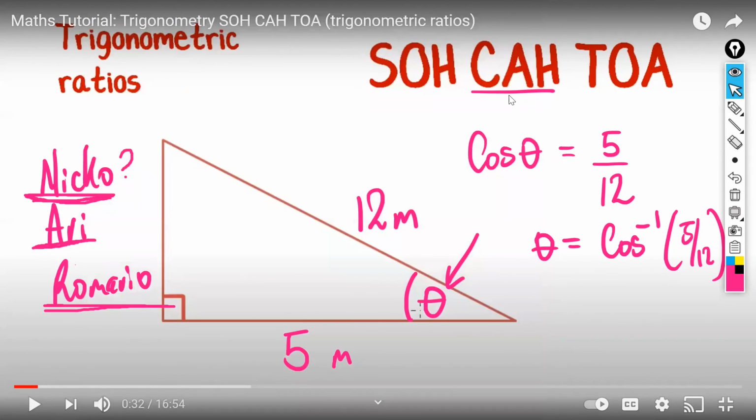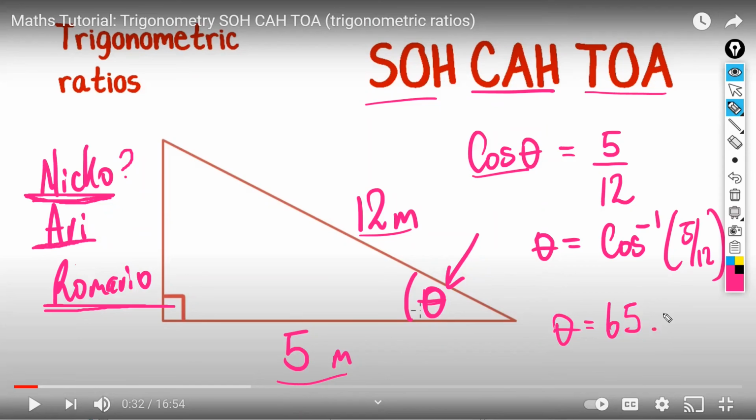You need to know how to find the inverse sometimes to find the angle. Sometimes you're just given the sides alone and they might ask you for the angle. So you have to use a cos inverse or the sine inverse or the tan inverse, right? So the angle here is 65.37. Let's call it 65 degrees though. You can call it 65 degrees. I'd put the 0.37 to show the examiner I know what I'm doing.